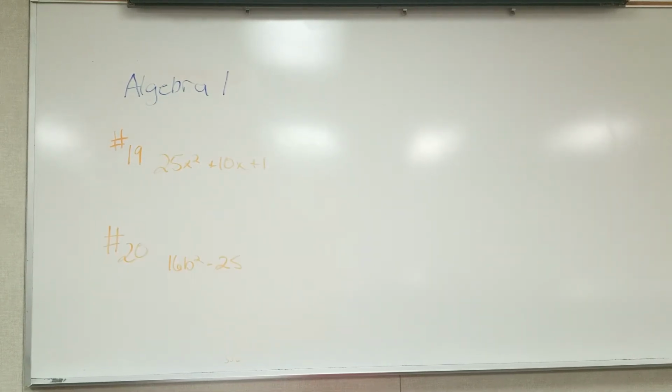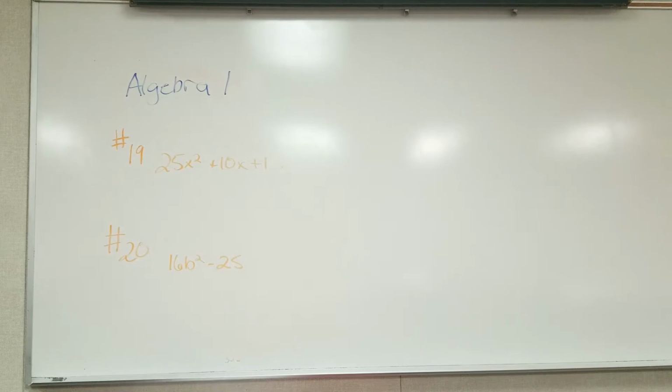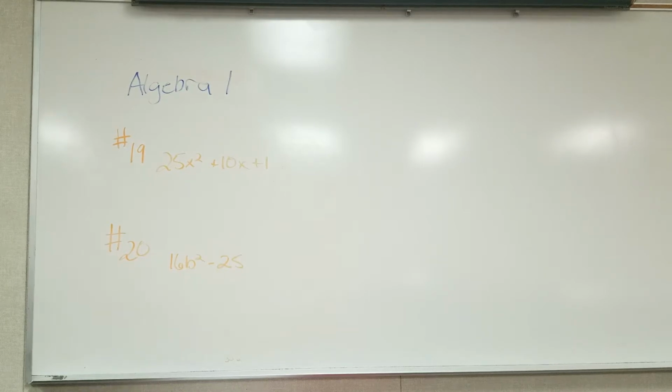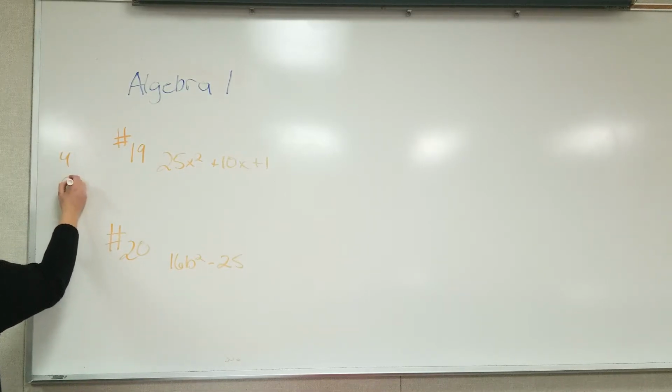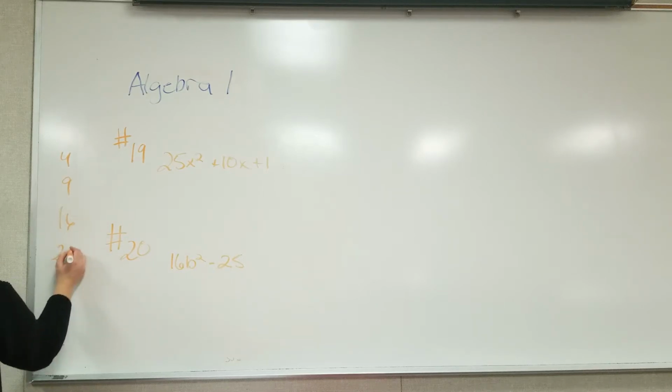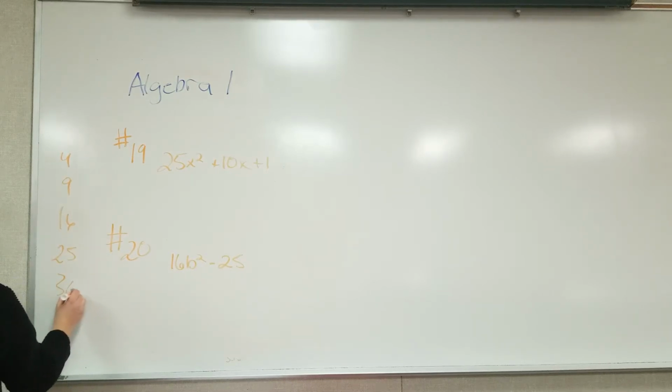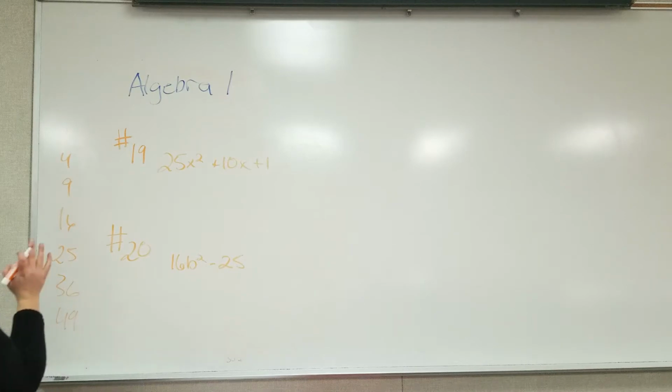All right, in problems number 19 and 20, we have what are called special cases. So when you get a trinomial, you need to look and see if your first term and your last term are perfect square roots. Remember, your perfect square numbers are 1, 4, 9, 16, 25, 36, and 49 for now.